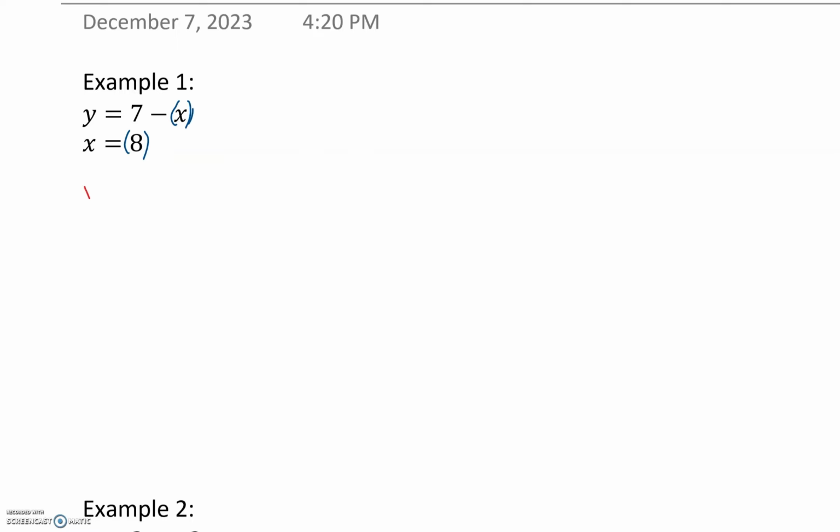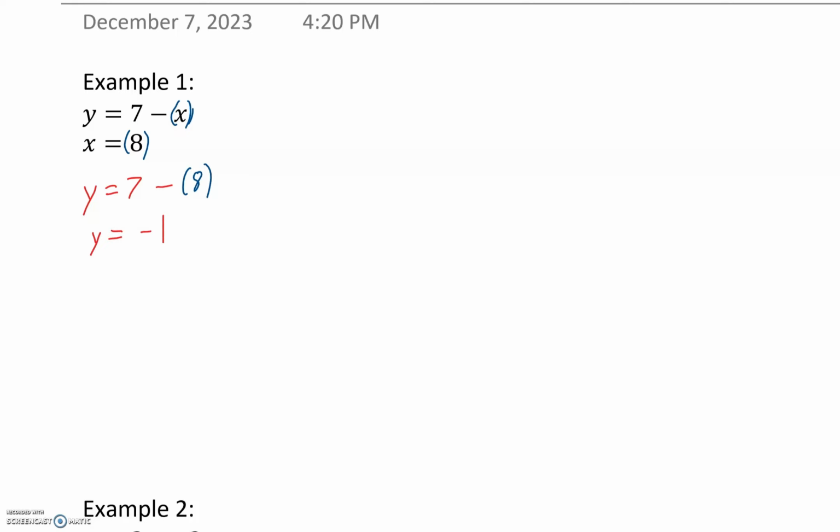We're going to rewrite the same equation as we had before, except that instead of x, we're going to write 8 in brackets. Okay, so when we do that, we have substituted 8 in for x. So if you do 7 minus 8, you can see that y equals -1.